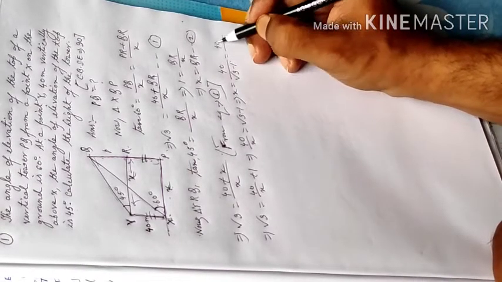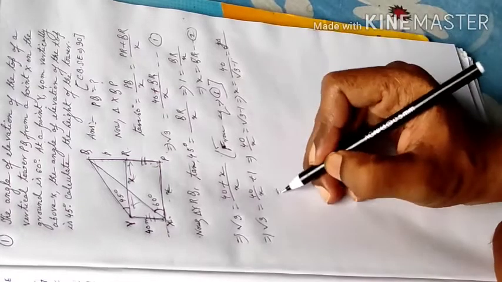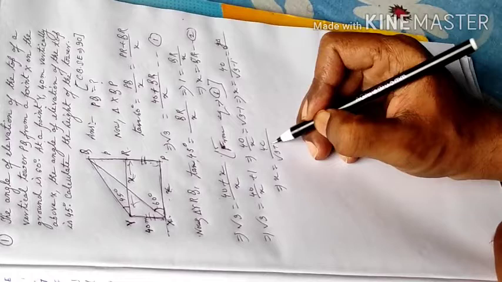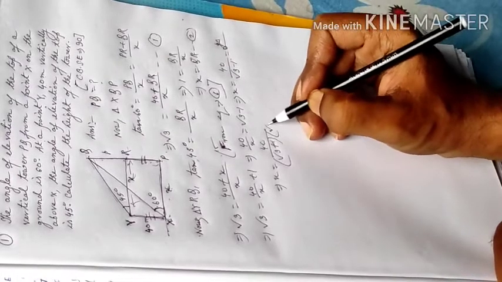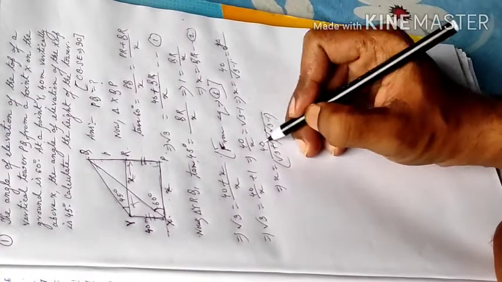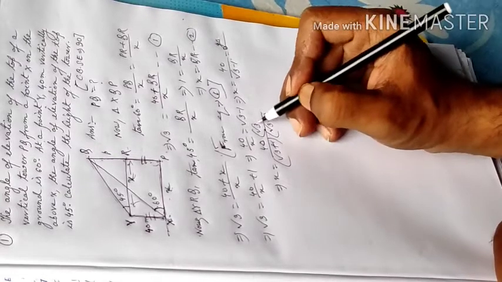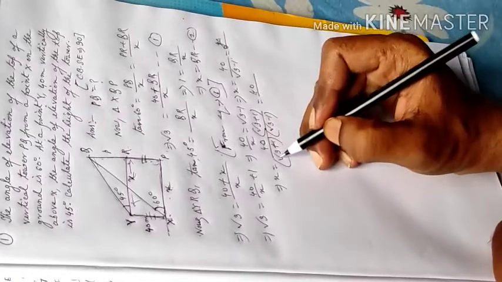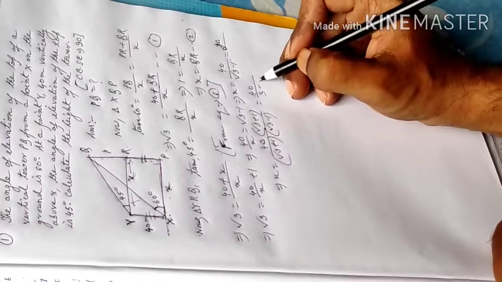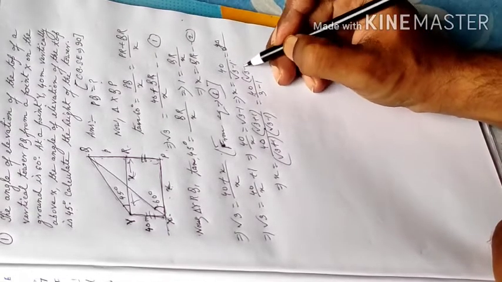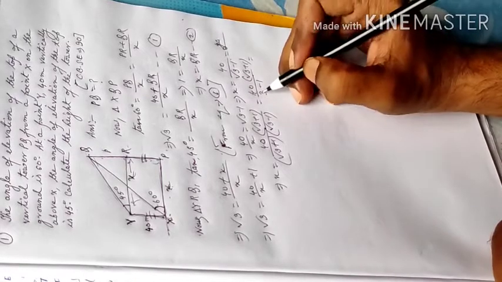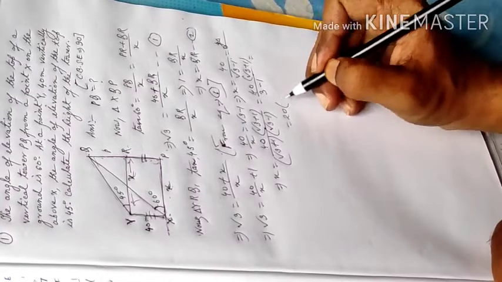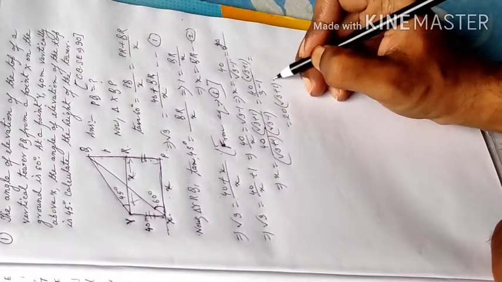Rationalizing, x is equal to 40 by (root 3 minus 1) into (root 3 plus 1), over root 3 plus 1. Root 3 squared is 3, 1 squared is 1, so 3 minus 1 is equal to 2, or x is 20 into (root 3 plus 1) meters.